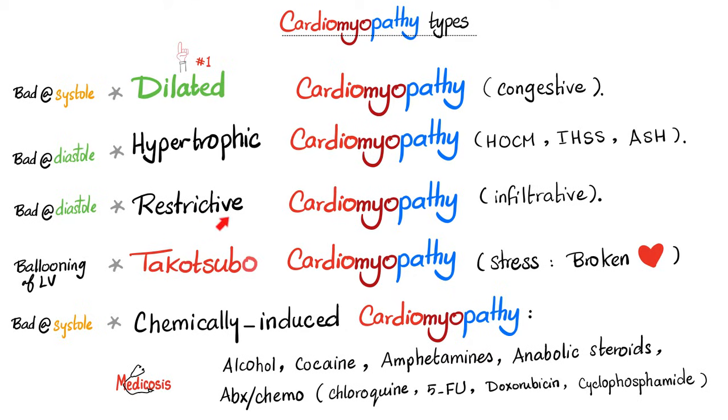Restrictive cardiomyopathy. Whenever you hear the word restrictive, think restricted from filling. I cannot fill. I suck at diastole. In Takotsubo cardiomyopathy, we have ballooning of the left ventricle, just like the Takotsubo pot, used by the Japanese fishermen to catch octopus. Just remember, dilated cardiomyopathy is a heart that is good at diastole, but bad at systole.